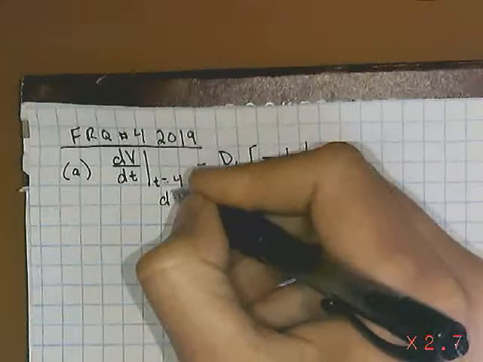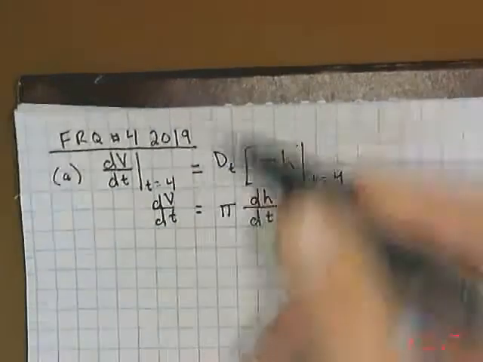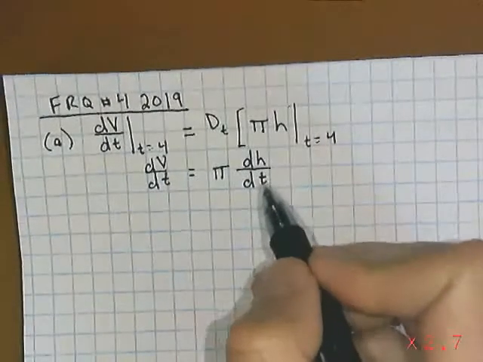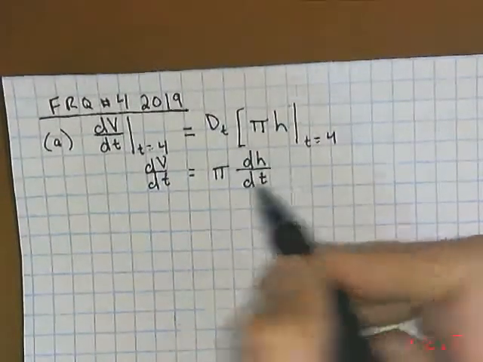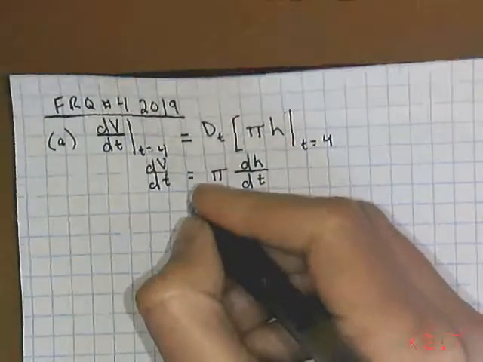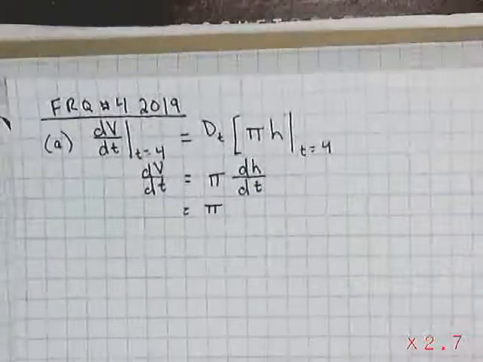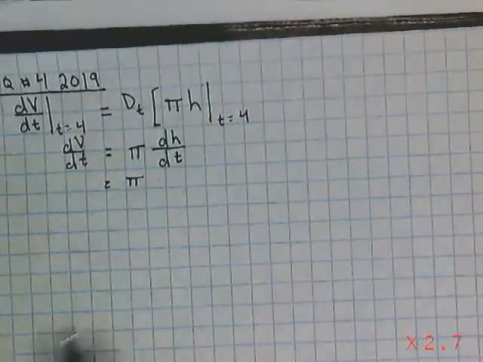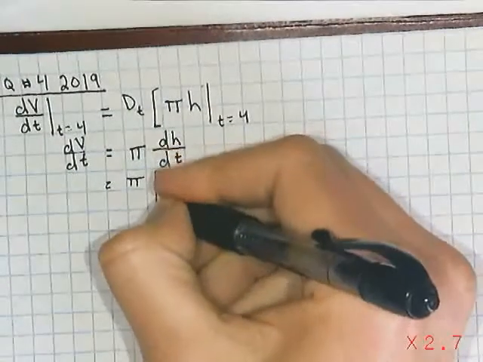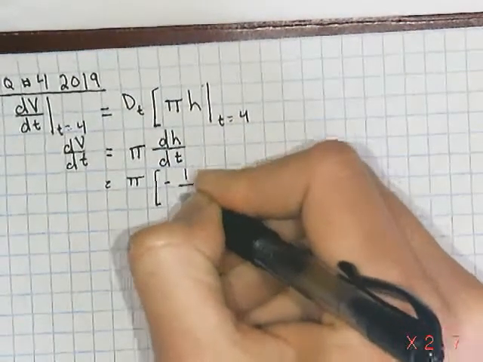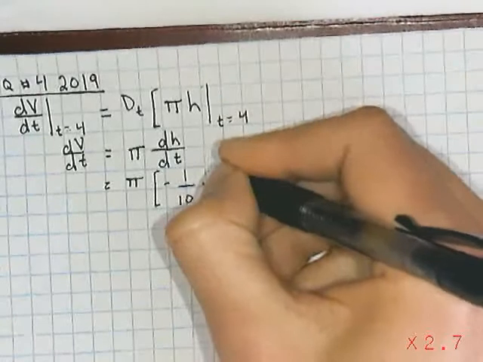And so dV/dt is equal to pi times dh/dt, and luckily the problem gave us in the setup what this derivative is. So we'll plug that in. We want pi times dh/dt, which we're told is -1/10 times the square root of h.